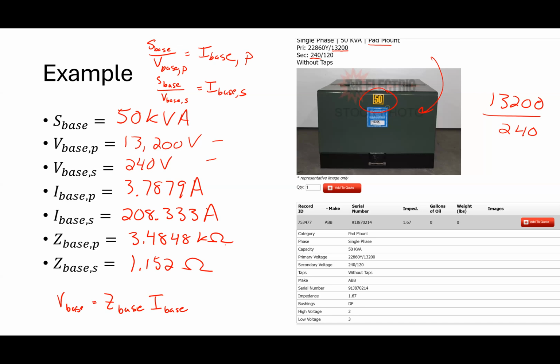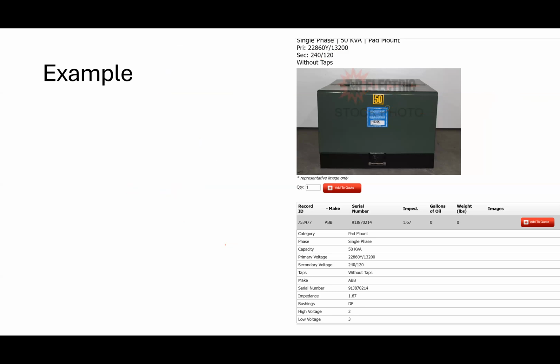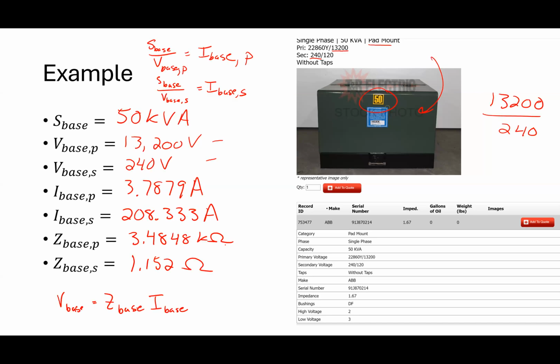All right, so now how would we sort of use this? We're going to do a problem with this, but I want to get at this other issue. It's got a bunch of data on this transformer that I pasted in here. One of which says the impedance is 1.67.